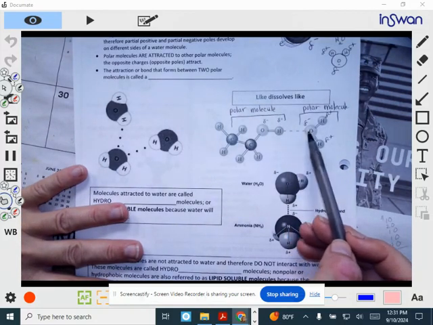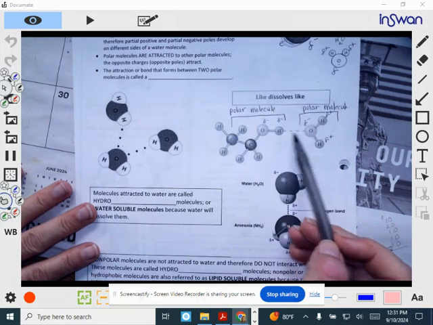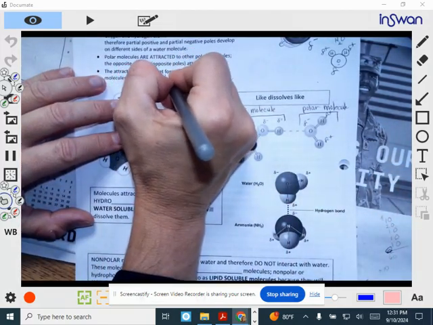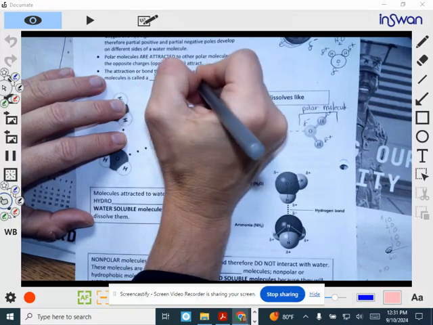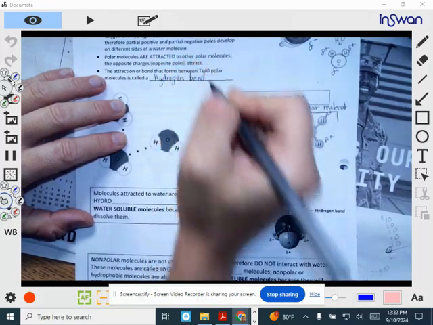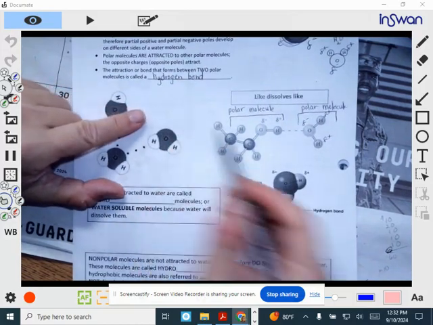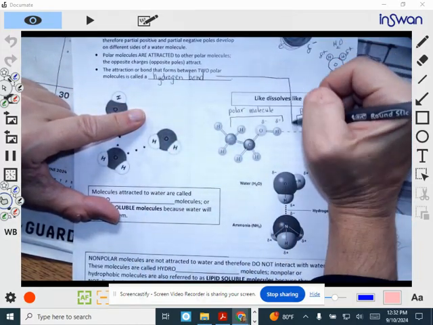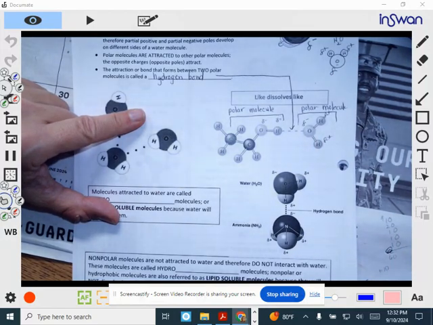And when this occurs, that's a bond. It's called a hydrogen bond. So when you get 2 polar molecules close to one another, that attraction is called a hydrogen bond.